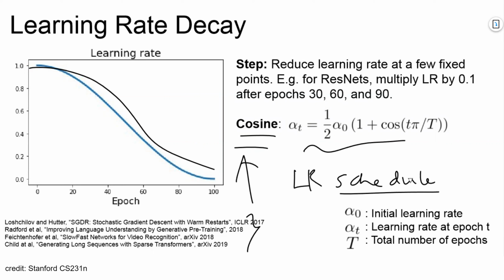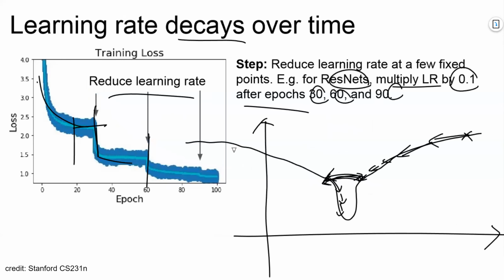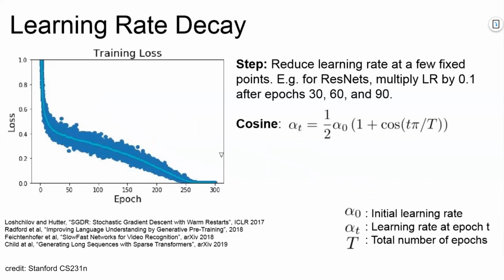This is how we change the learning rate as we proceed with the training. So this is one of the learning schedules, and this was also another learning schedule. It looks like this. The loss becomes much smoother.